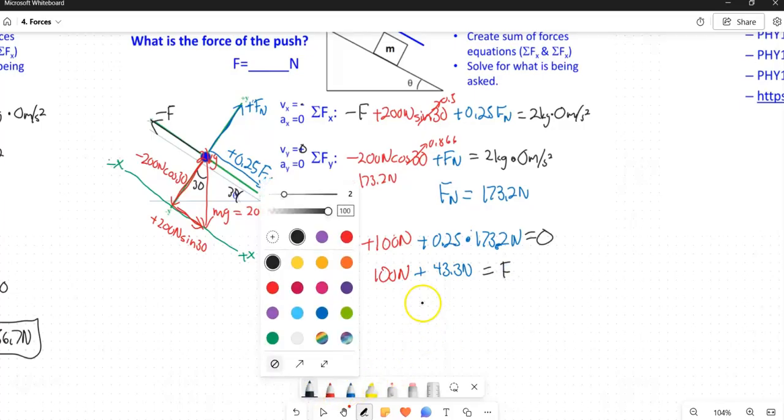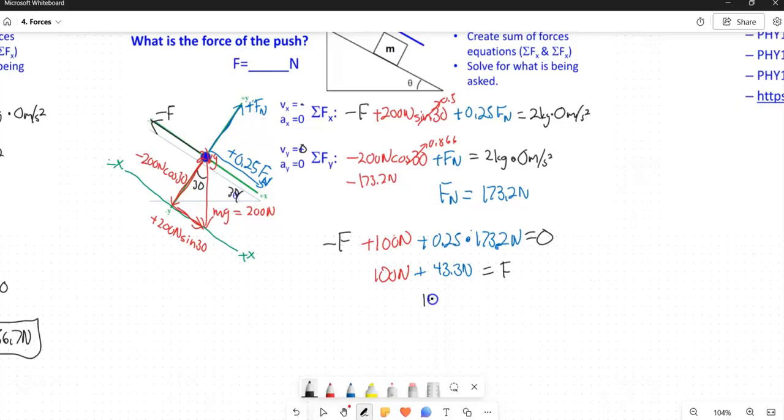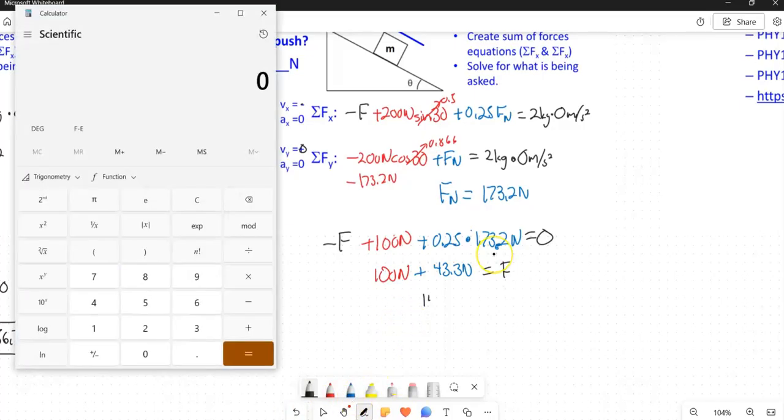So then that weight force, the force pushing it up, is going to be, hold on a second, just want to double check. 173.2 times 0.25. Of course, I don't believe it.